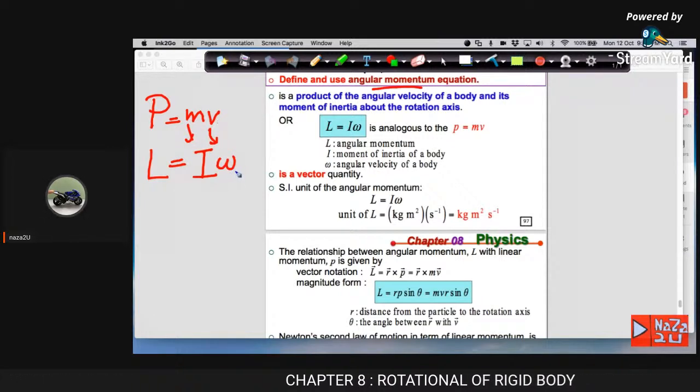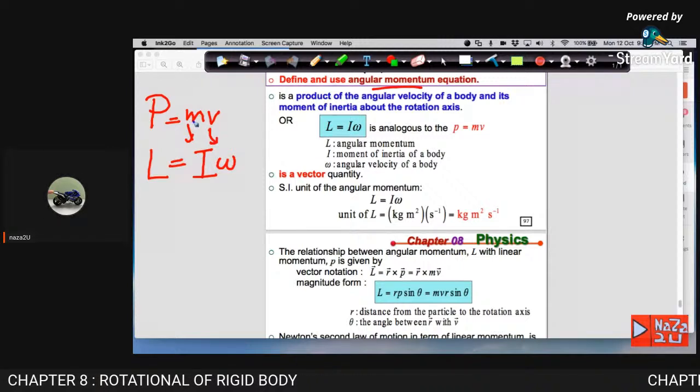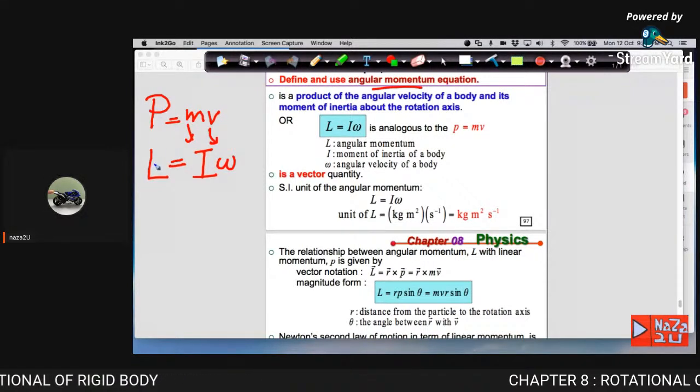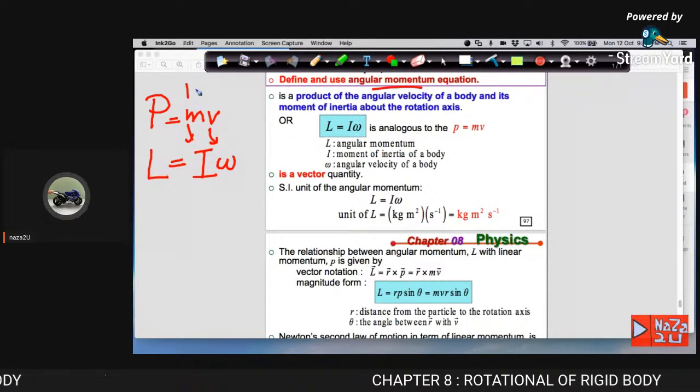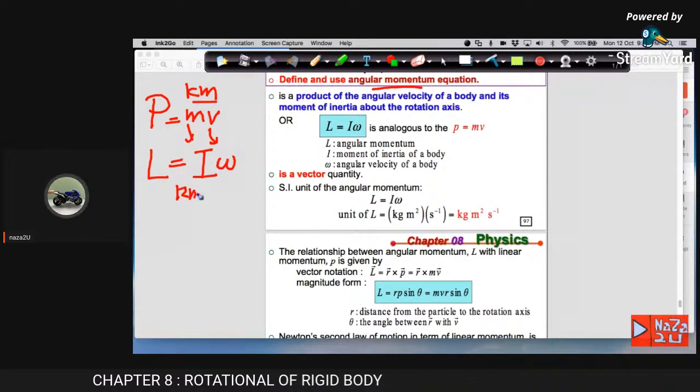V adalah omega, angular velocity. Velocity, inertia, mass, momentum, angular momentum. This is kinematic motion, this is rotational motion.